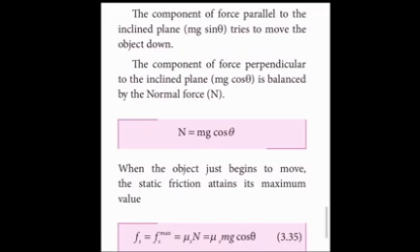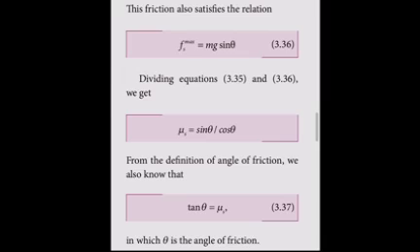Substituting N equal to mg cos theta in this equation, we get f of s maximum equal to mu of s into mg cos theta. This represents the maximum static friction, acting along the perpendicular direction. Then the parallel component, at the limit, is f of s maximum equal to mg sin theta.